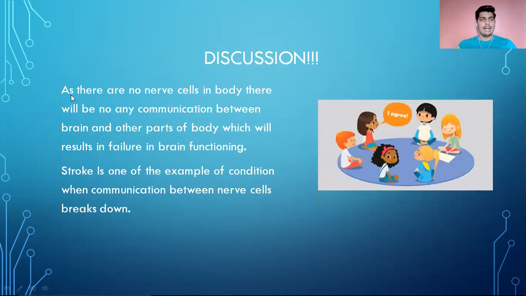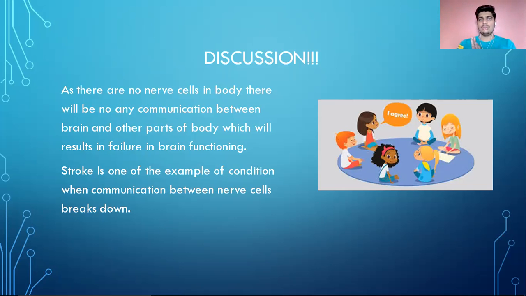If there were no nerve cells in the body, there would be no communication between the brain and other parts of the body, which would result in failure of brain functioning. We might not be able to move from one spot to another, because we would not be able to sense anything.